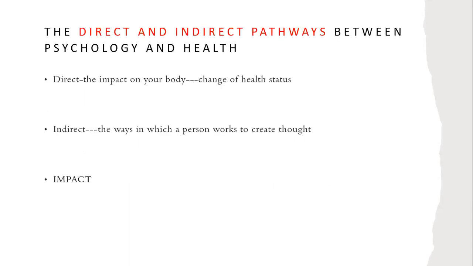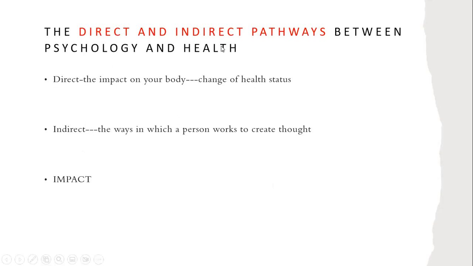All right. There are the direct and indirect pathways between psychology, the third key theoretical framework. The direct pathway is the impact on your body. Look at it as the physical way of looking at your health status, where you are at right now.